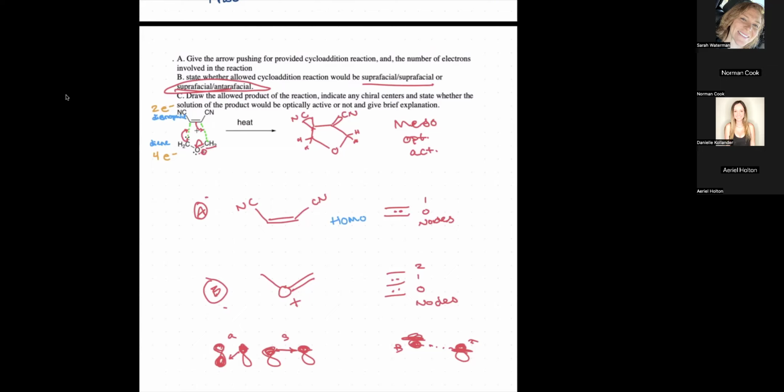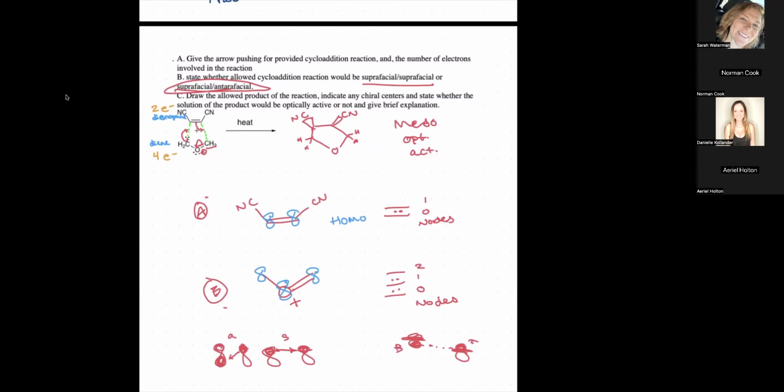Does that part make sense? Yeah. So we want our electrons that we have to go into a space that will accept them. Same thing as Lewis acid, Lewis base type stuff, right? We have electrons and we want to connect them with something else, right?